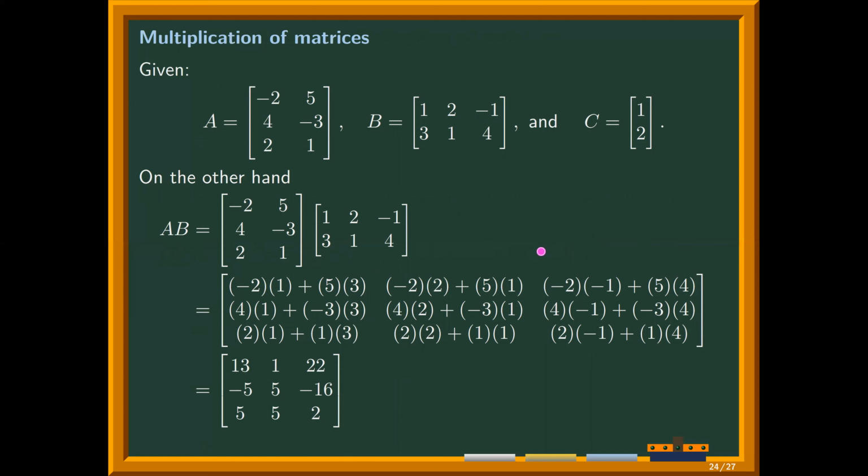What is important to observe here is that the result that we obtained for AB is different from the one that we obtained earlier for BA. So this tells us that unlike multiplication with usual numbers, matrix multiplication is not a commutative operation. In other words, the order of placing of factors is very important when we write matrix products.